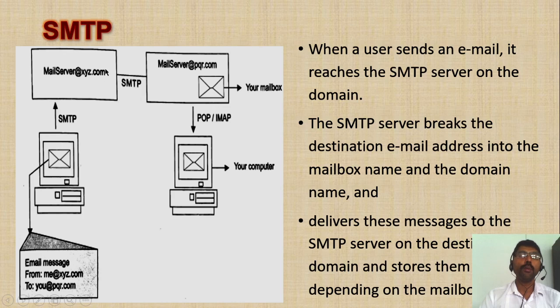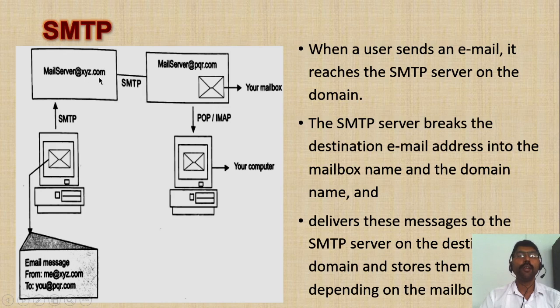This client belongs to a domain called xyz.com. It will send that email to the server of the client. In that server, it first extracts the mailbox and the domain name. Using the domain name, it identifies to which email server the mail is being sent.